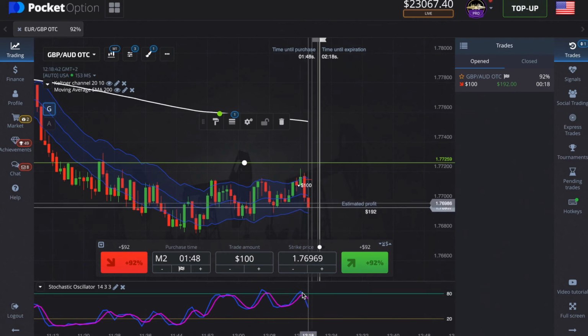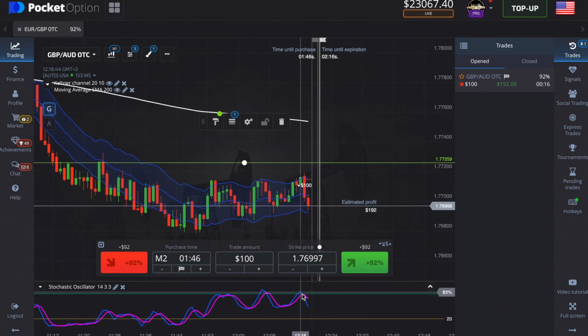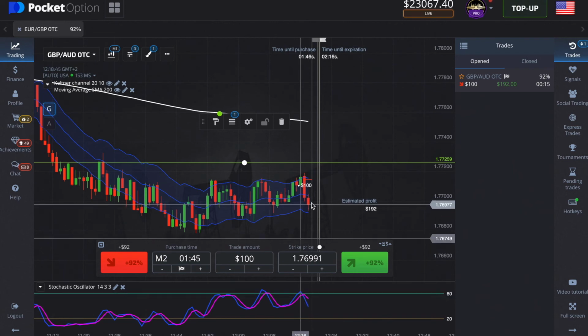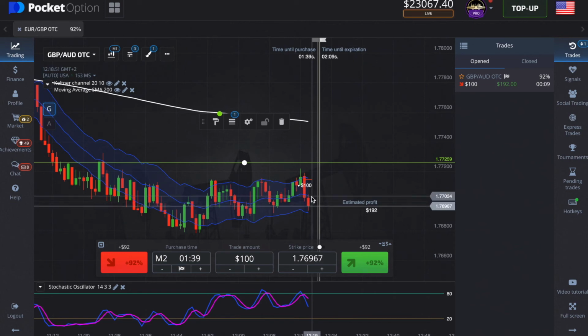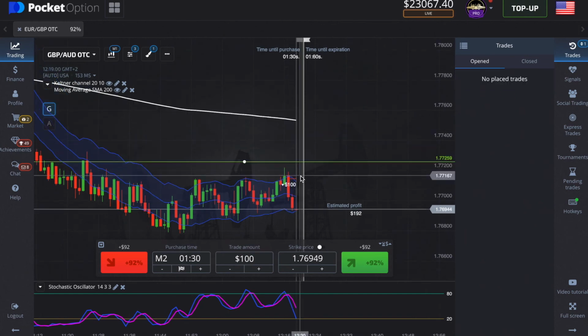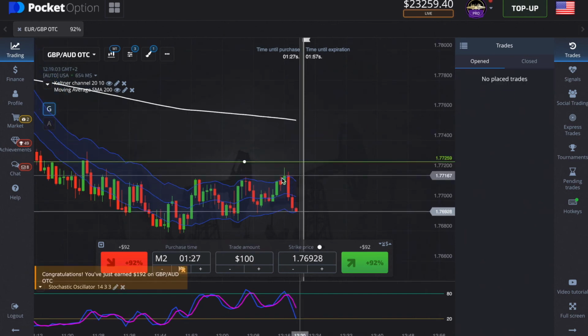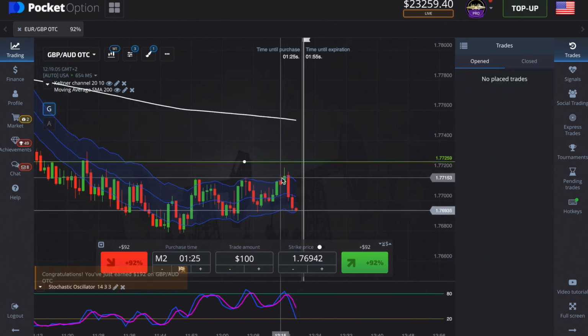Then I waited to see a sharp turn with the blue line in the stochastic oscillator. That's usually a good signal. It gives you a good 10-second window to let you know to enter, because this thing's about to reverse on you. So even before it actually crosses, if you see a really sharp angle, enter. And I just won that trade, as you can see, pretty awesome.